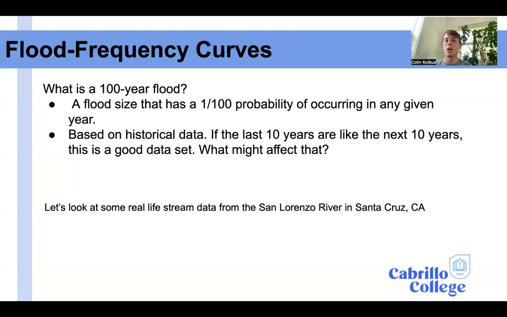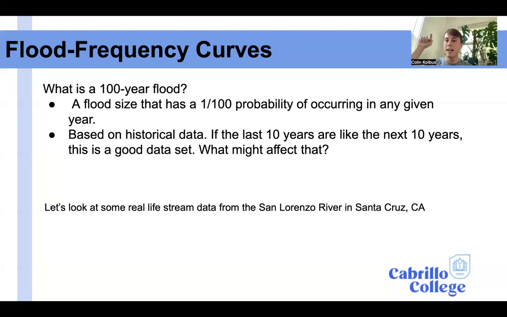With global climate change, 100-year floods are going to be a lot more common. What that means is these large weather events, these large flooding events are going to become more frequent because of the increase in extreme weather events caused by global climate change. And so you basically calculate this by taking historical data.